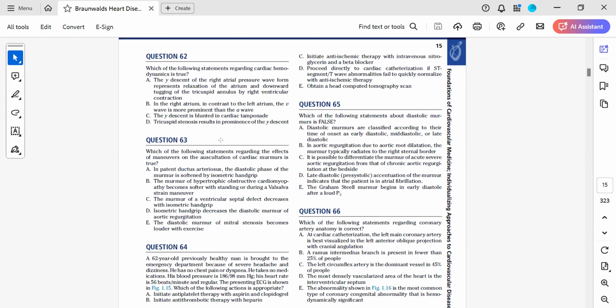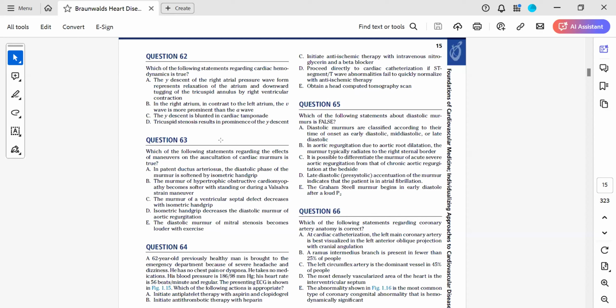No, it's early diastolic murmur. Early diastolic. Okay. So that means option E is true. Now we are looking for the one that is false. Sorry, A is true. E is true.